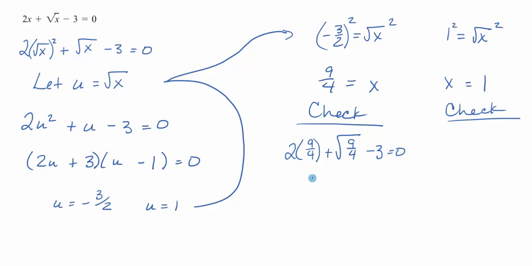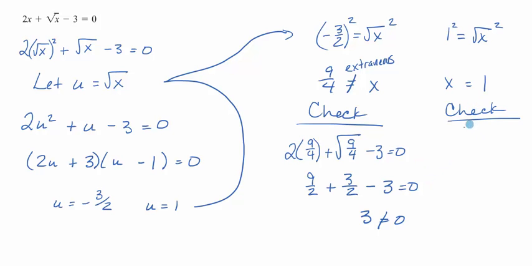So this is 9/2 plus 3/2 minus 3 equals 0. 9/2 plus 3/2 is 12/2, which is 6. 6 minus 3 is 3, and that does not equal 0. So 9/4 is an extraneous solution, it does not actually work.